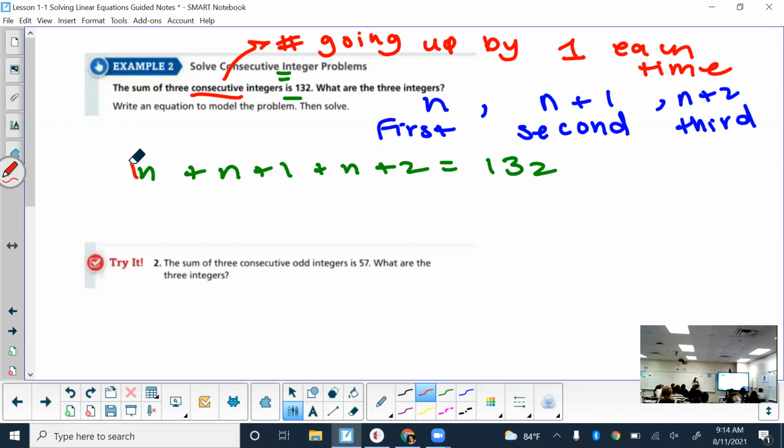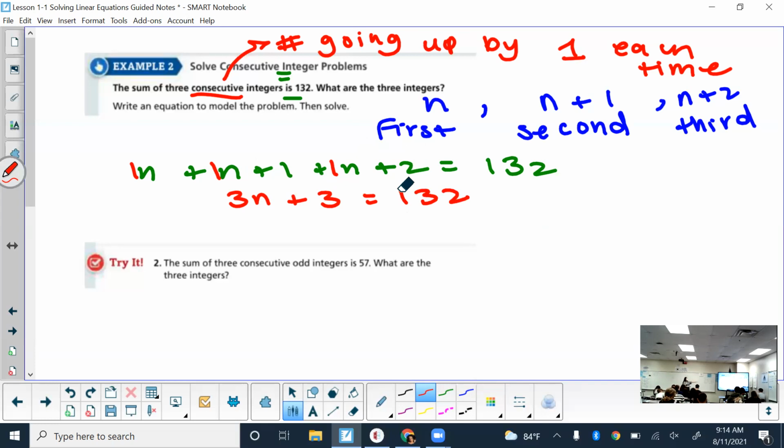So I have 1n plus 1n plus 1n, which equals 3n. Good. Are there any other like terms? 1 and 2, which combine to give me, and since it's positive, I'll put plus 3. All right, so we combine like terms, bring down that equals 132.